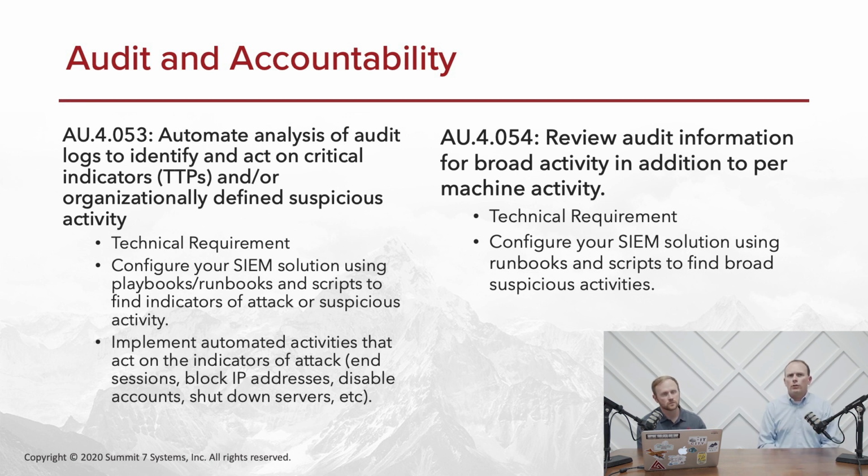So we want to use the runbooks, the playbooks, scripts to look for broadly suspicious activity, as well as the individual specifics that you may see on any individual server.